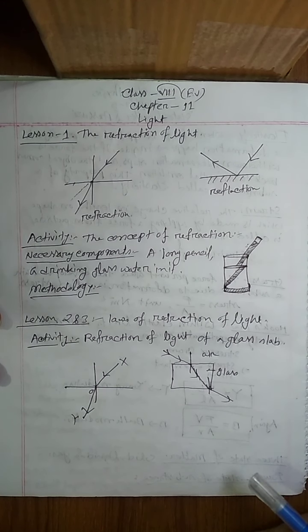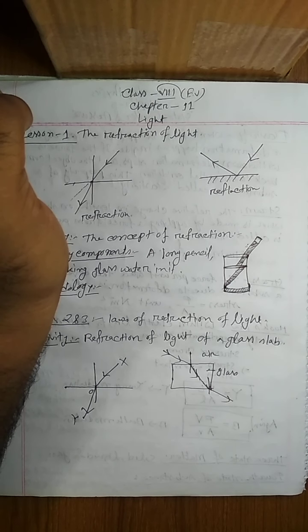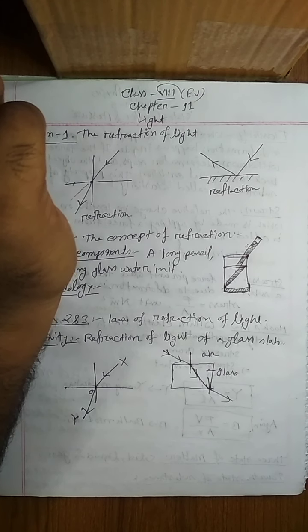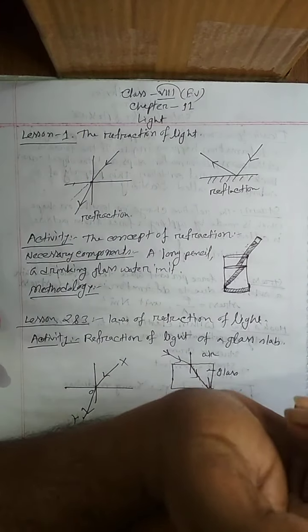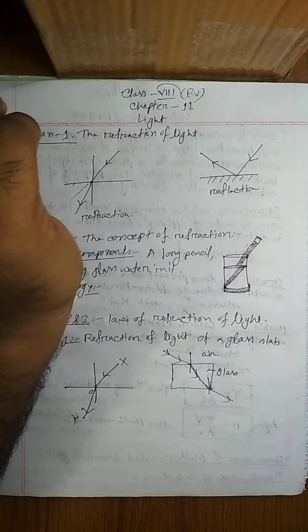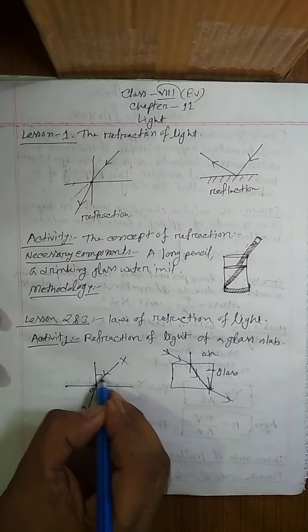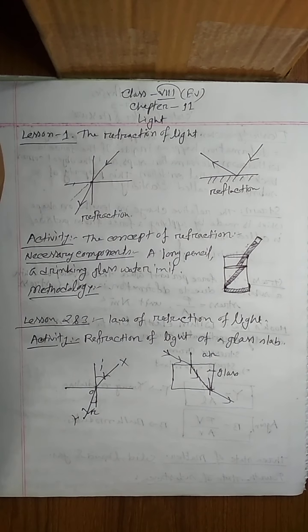From the experiment, what observation can we make? Here I is always greater than R for rarer to denser medium.